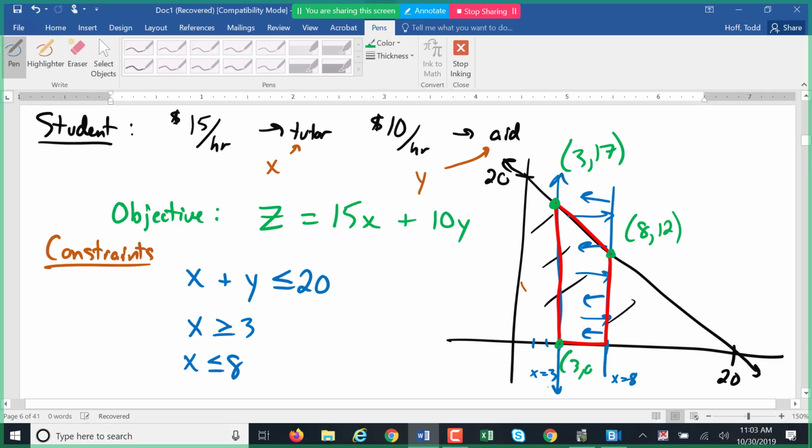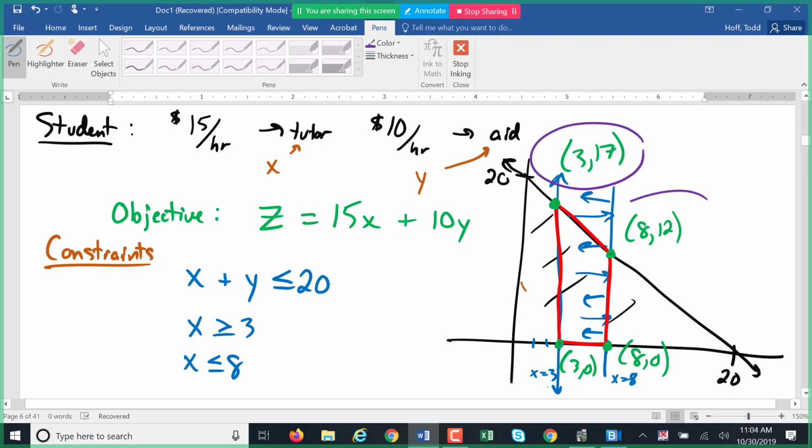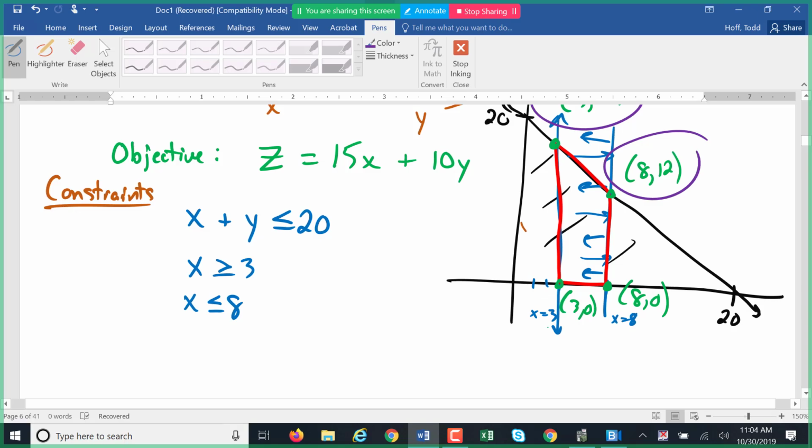This is 3, 0. And this is 8, 0. Well, the 3, 0 and 8, 0 are not going to maximize the pay. They're going to minimize the pay. 3, 0 would most likely be the minimum pay. So it's going to be one of these two that maximizes the pay for that objective function.